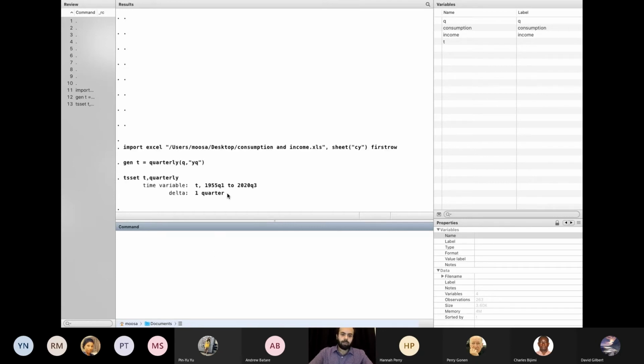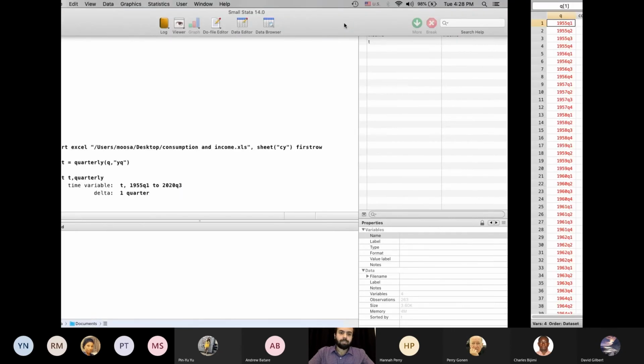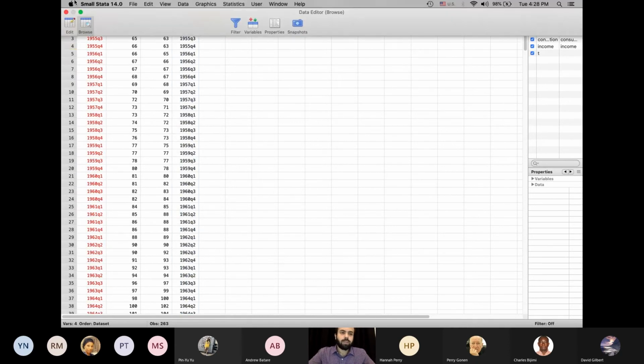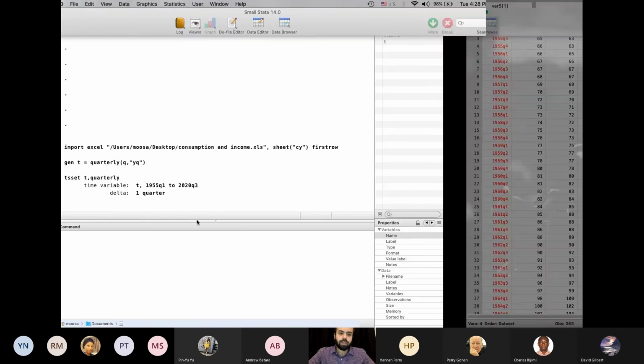So here we go. Now Stata understands what T actually is, and interestingly, these two variables, although they look pretty identical, Stata will not identify what Q is, but Stata would identify what T is because we have explained. So that's just something we have to do every time.